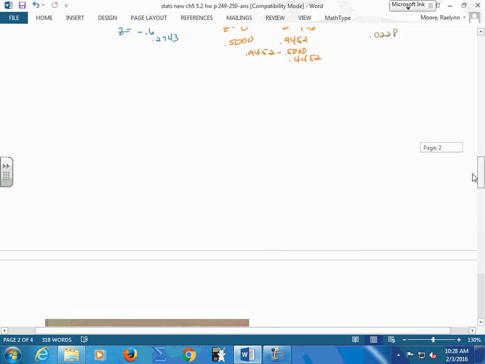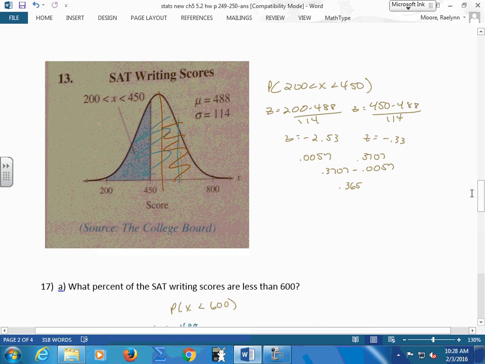Okay, this is for number 13. So they wanted to know an in-between, and they gave us a graph. I don't think you can see my coloring in here too much. There's my blue. I want the in-between pieces. There's the blue, and there's what's left in between. Just use your mean.